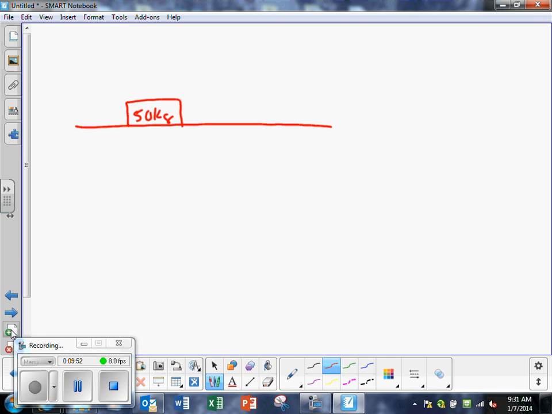Say I have a tension here of 500 newtons. We'll say that my V sub naught is 0 again. And I have a coefficient of 0.111. Okay, so the question here is going to be, again, what's the velocity at the end of the situation?